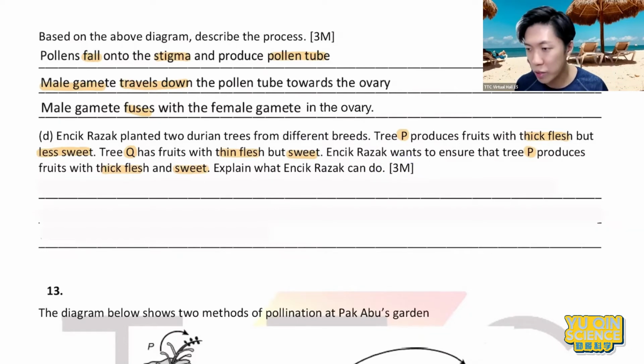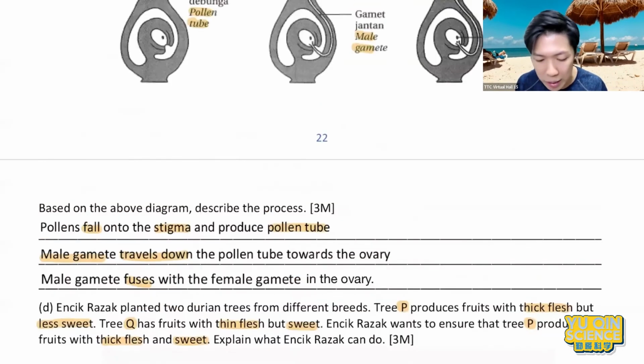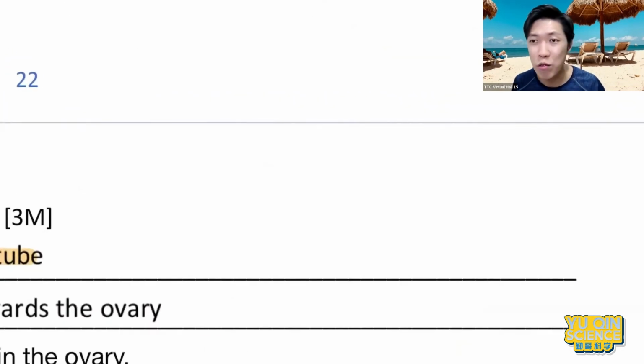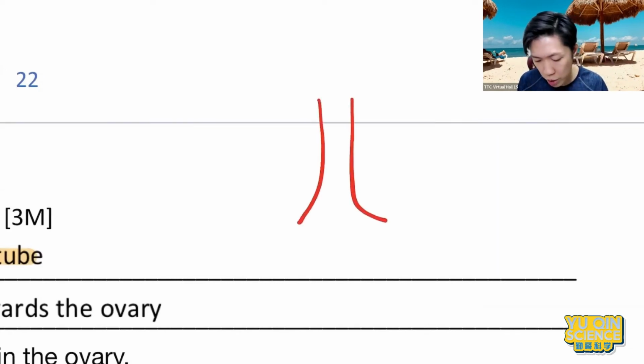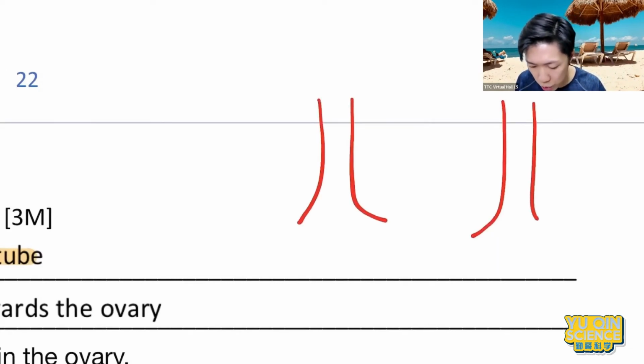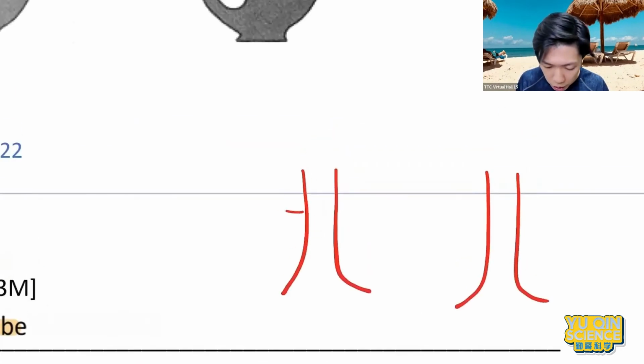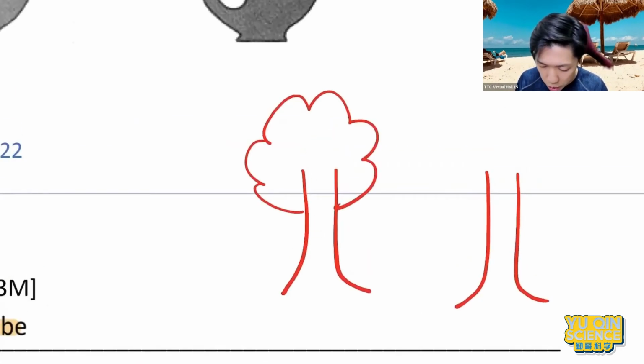Okay, first things first, guys. Do you all know what the question is asking for? They're asking for pollination, but you know there are 2 types of pollination, right? Let's just draw a durian tree.